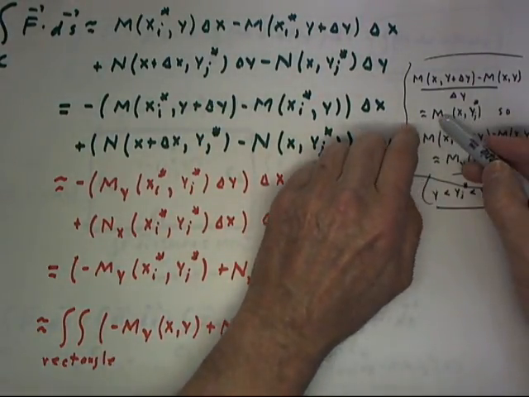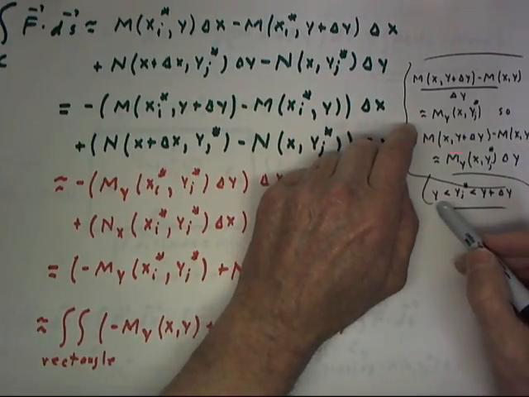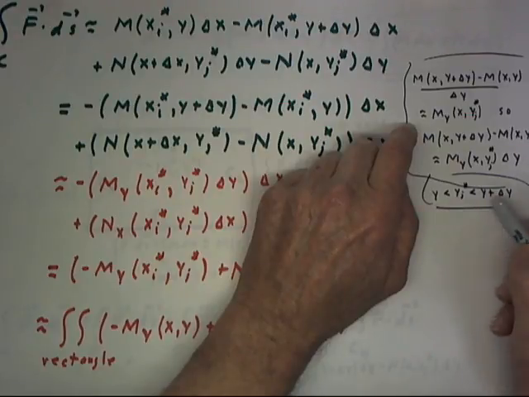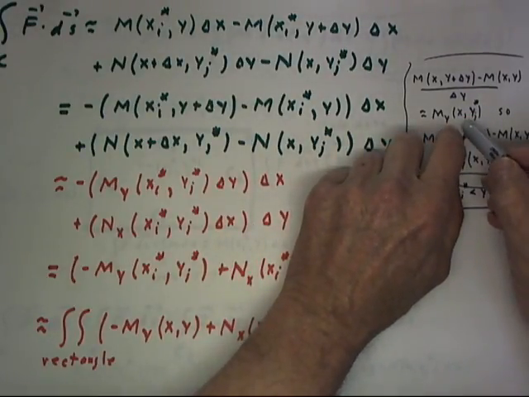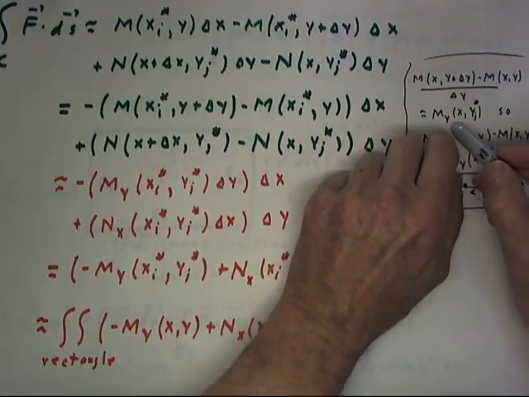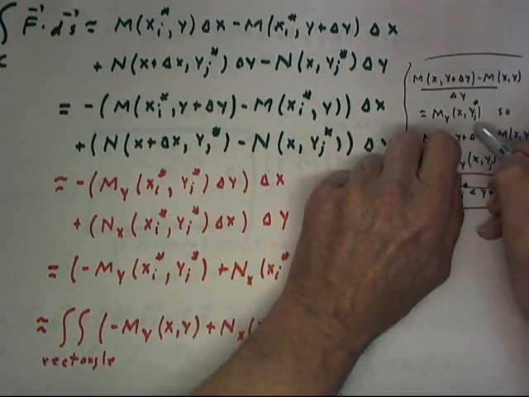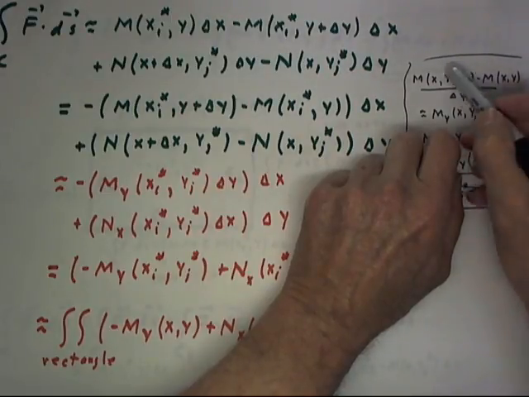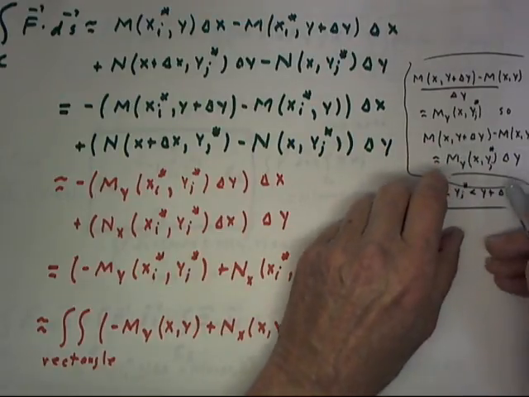So this approximation here simply assumes that yj star lies between y and y plus delta y, that is, that yj star is some point within the interval. If the interval is small, there's very little variation in the value of m_y, so that m_y at x, yj star can be approximated by this difference quotient.